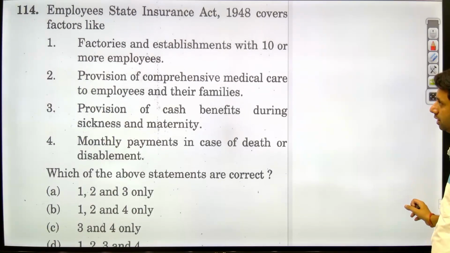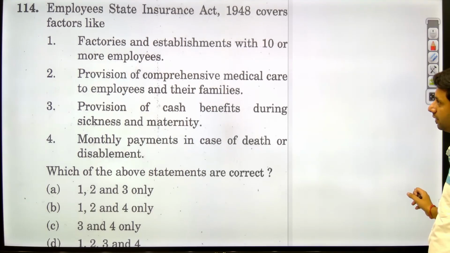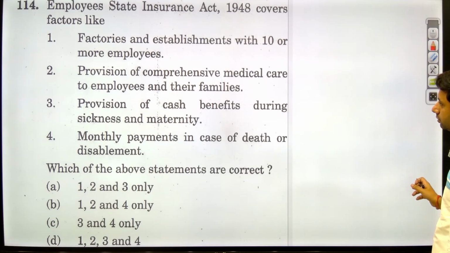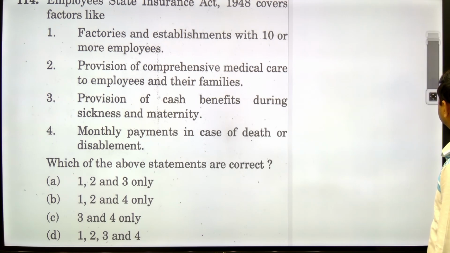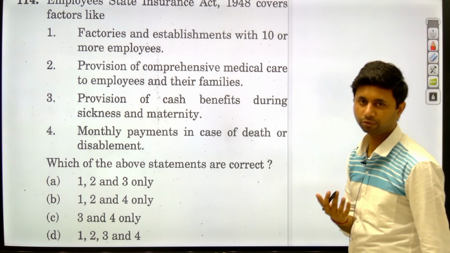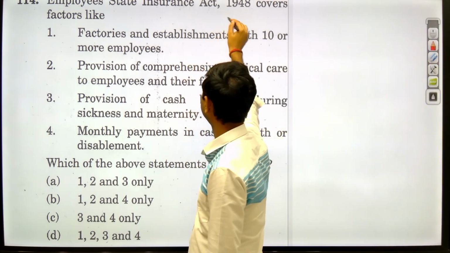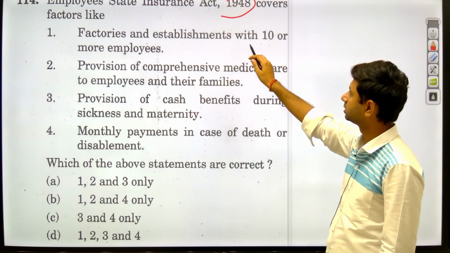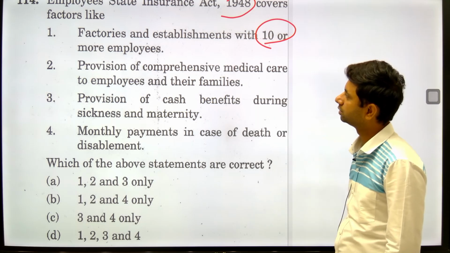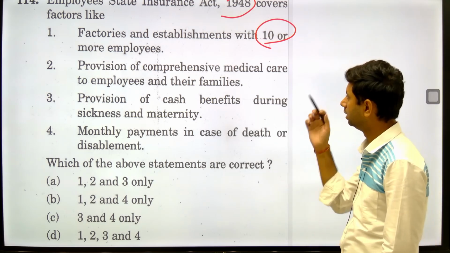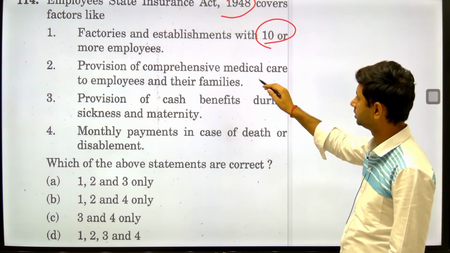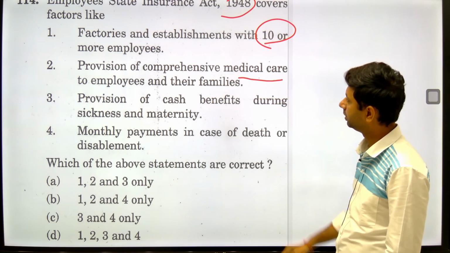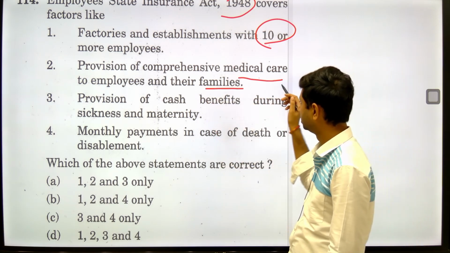Next is Employee State Insurance Act covers factors like, tell me what are the benefits under Employees State Insurance Act 1948. So let's see. Factories and establishments with 10 or more workers. So these things are applicable to this conditionality, provision of comprehensive medical care to employees and their families.